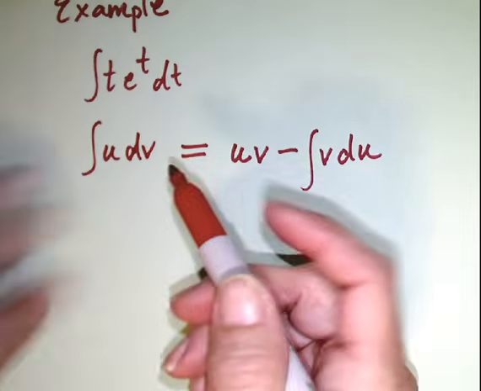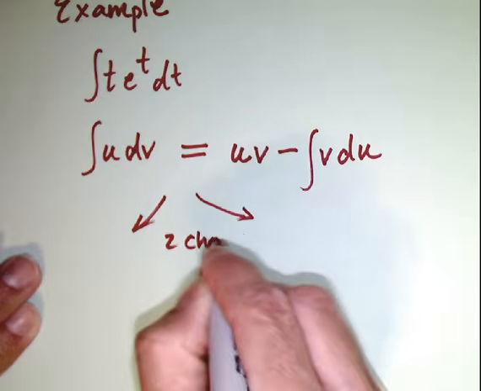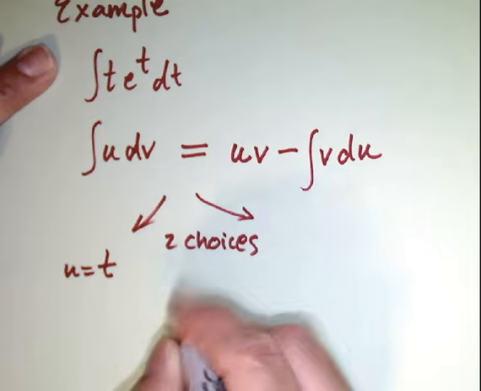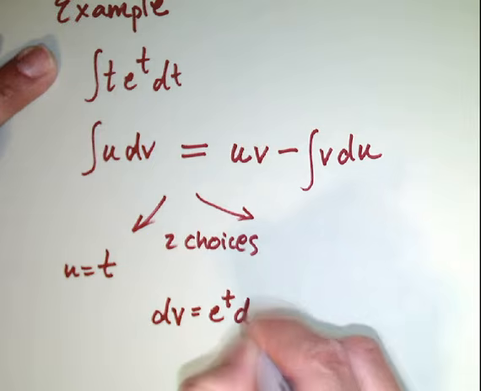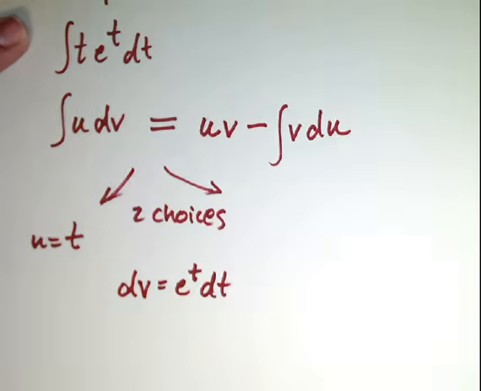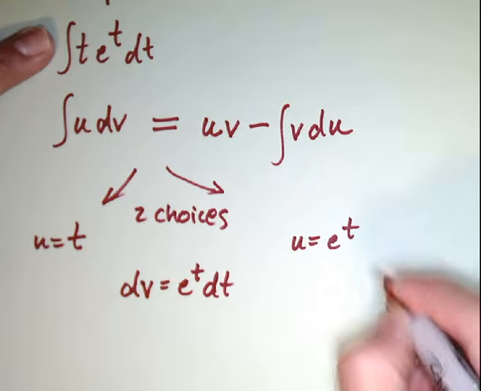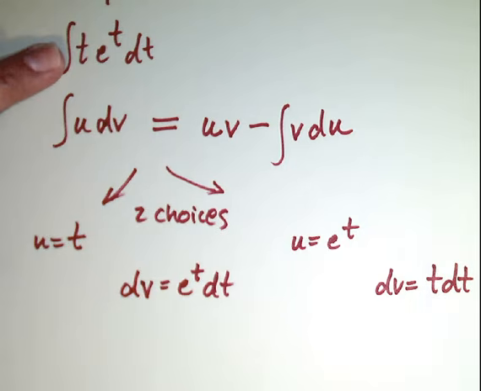Now, we have two obvious choices. One is to say u is equal to t and dv is equal to e to the t dt. Or I might say u is equal to e to the t, and dv is equal to t dt.